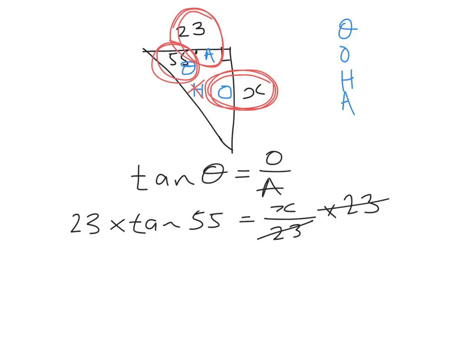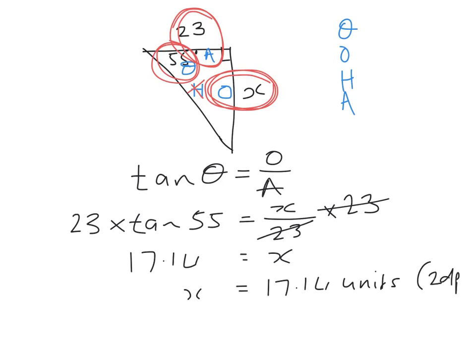So what was that? 17.14 equals x. So x equals 17.14 units, 2 dp. Yep. Yeah, I got 32.